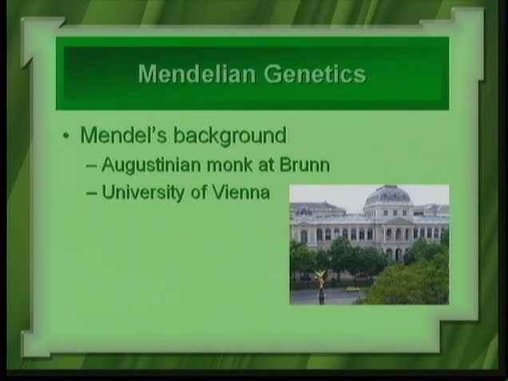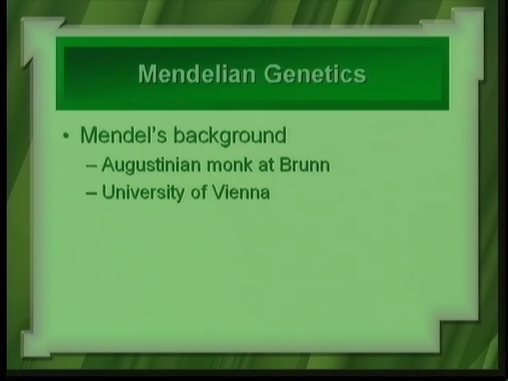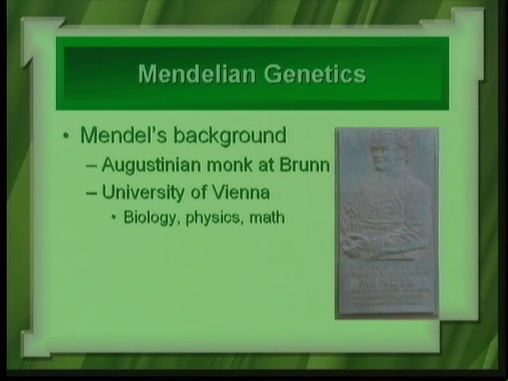And he was sent to study at the University of Vienna, which is a real old, honored place to study, probably one of the best universities in the world. Okay, University of Vienna. Vienna at one point was a culture center in Europe. And he was very heavy into biology and physics as well as mathematics. Okay, he had a lot of friends who were physicists. He had a lot of friends that were mathematicians.